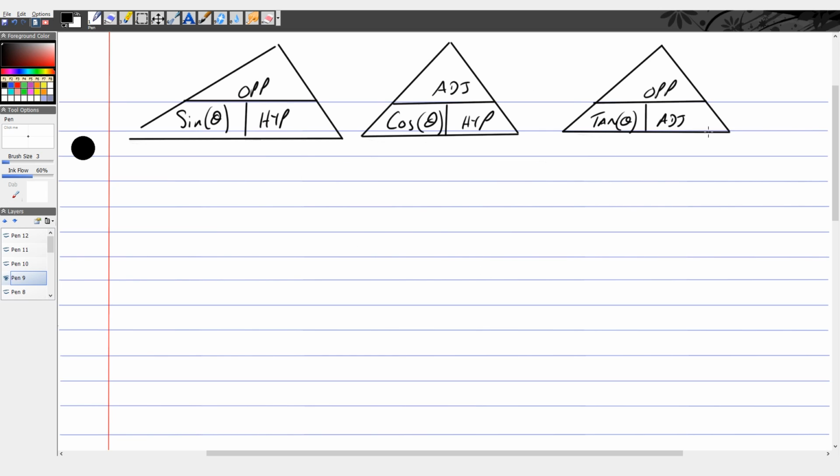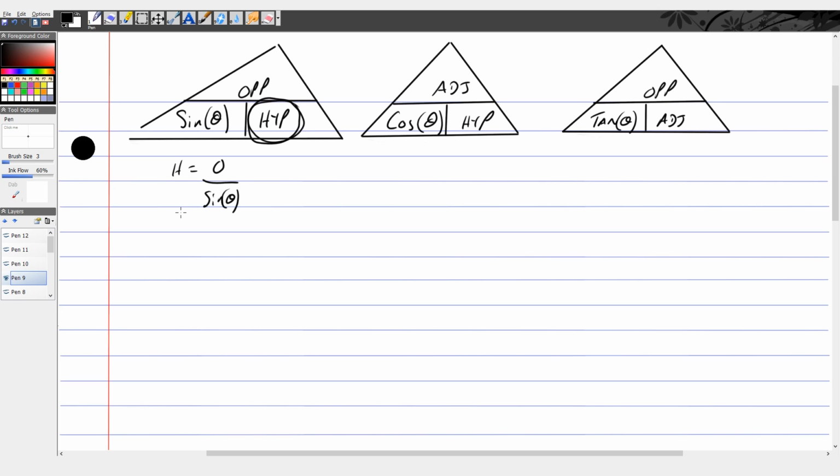And a little trick for when we're finding lengths using trig, when we're given an angle and we're trying to find a length, once you've identified which of the trig functions it is, whether it's sine, cos or tan, which you can find out by figuring out what lengths you're interested in, then if it was a sine question and you want to find out the hypotenuse, then cover up the hypotenuse, and the hypotenuse is the opposite, because it's on top, divided by sine of your angle, which is on the bottom.